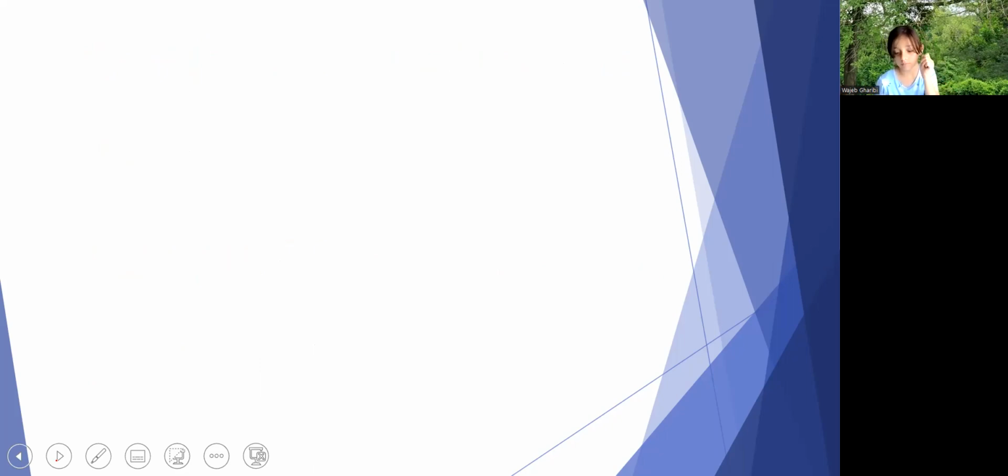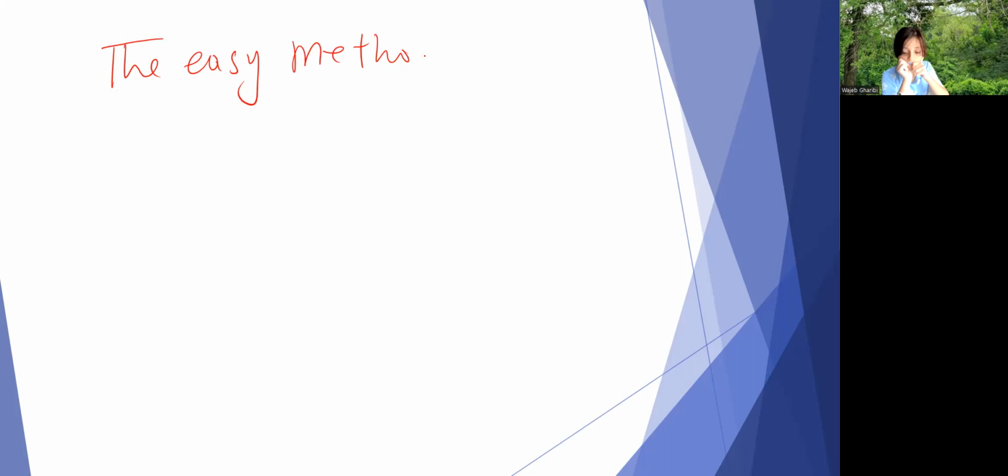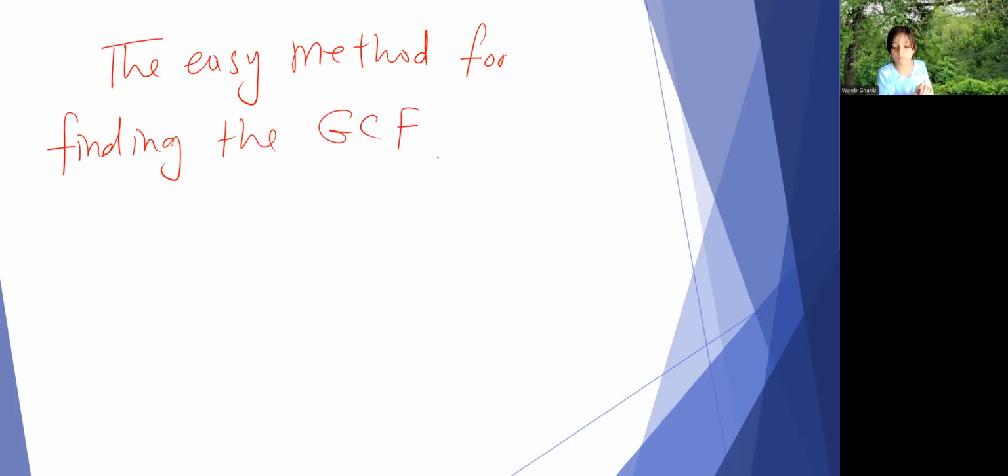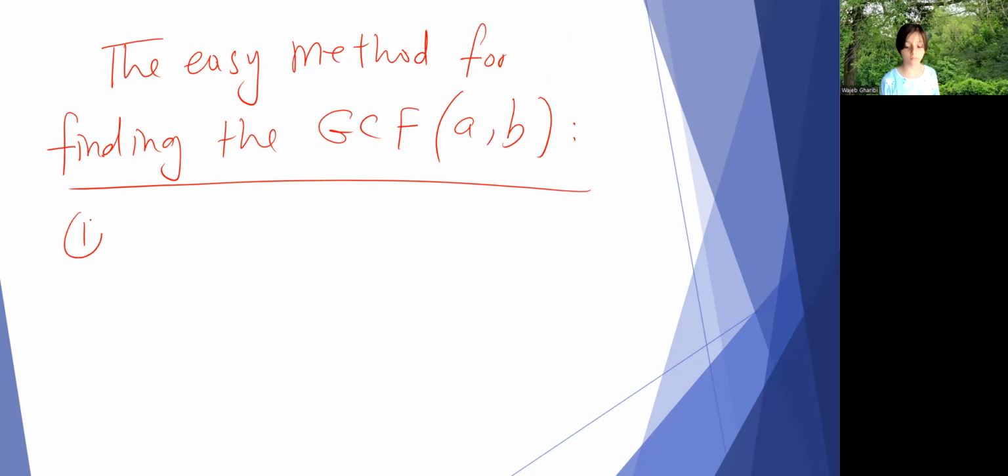So how can we summarize this method? The easy method for finding the greatest common factor of two numbers A and B. What are we going to do? First, divide the biggest by the smallest.